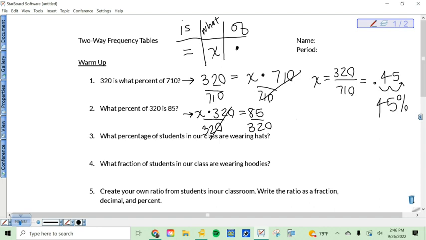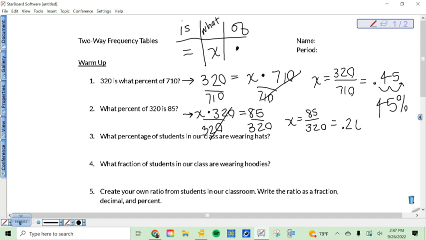So x equals 85 divided by 320, which is what as a decimal? No. What? 85 divided by 320. Yeah, 0.26.